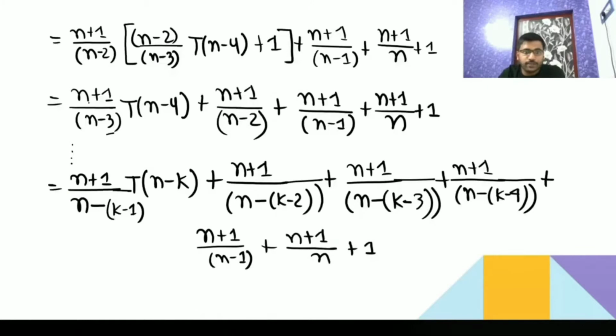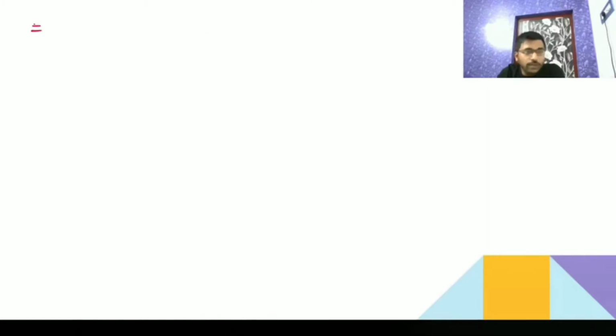I'm writing again because there I was not having space. So we got n plus 1, n minus k. I'm expanding that. It was having n minus k minus 1, tn minus k.